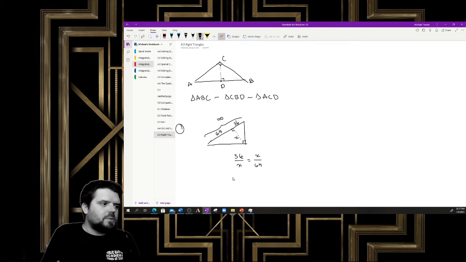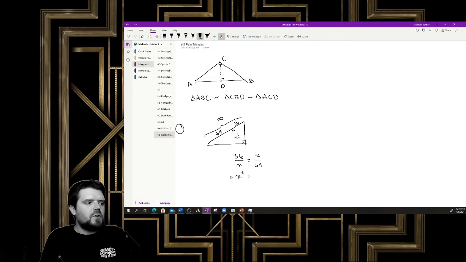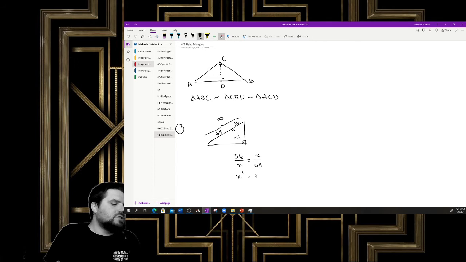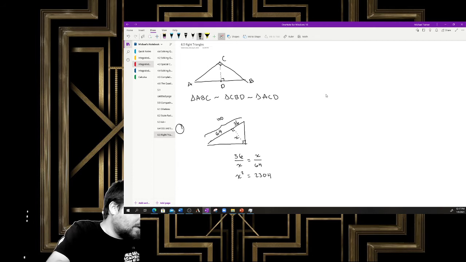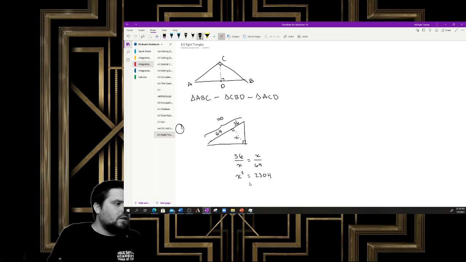So this is a cross multiplication problem. I'll do x times x, and then I'm going to do 36 times 64. That ends up being 2,304. And then to solve for the value, I'm going to take the square root, which gives me 48.